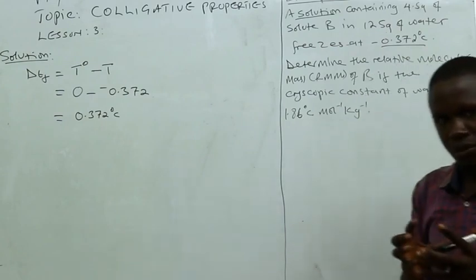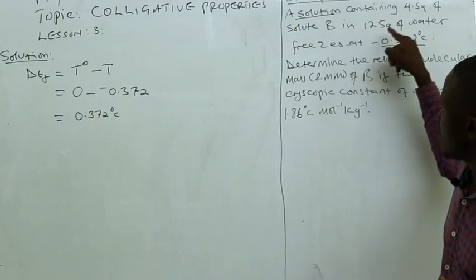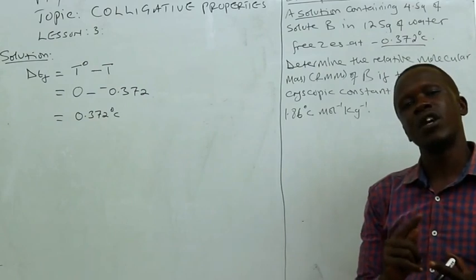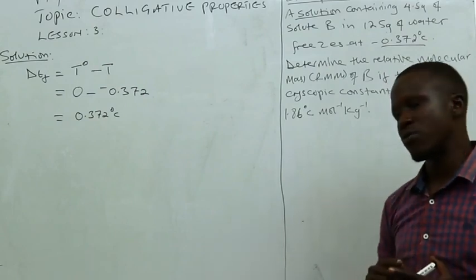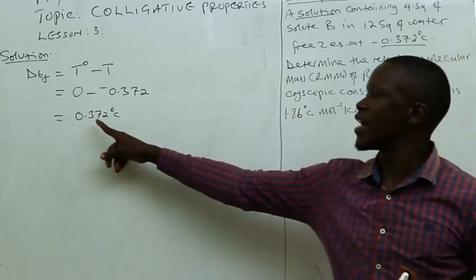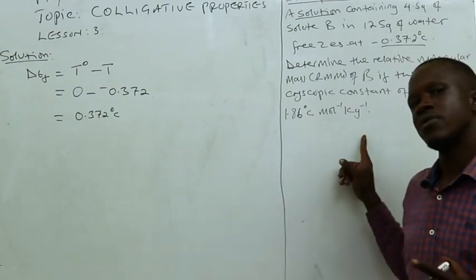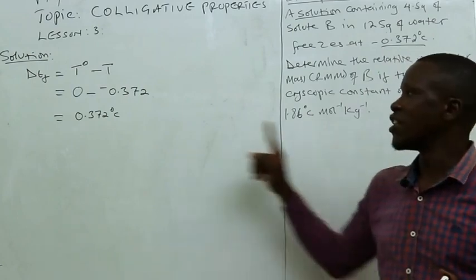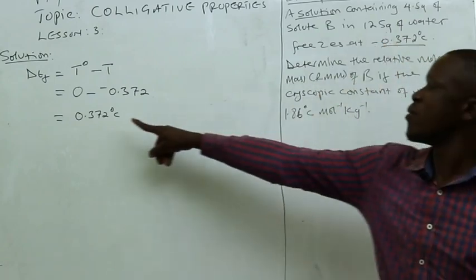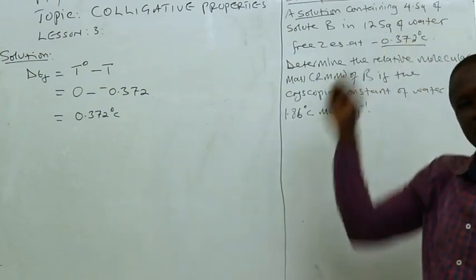We create an assumption or a relationship that if 4.5 is in 125, what would be the mass in 1,000 grams? Such that we can now relate these dT's, because one is in kilograms of the solvent, this one is in 125. So for us to be able to relate these two, we must also change the masses to 1,000.